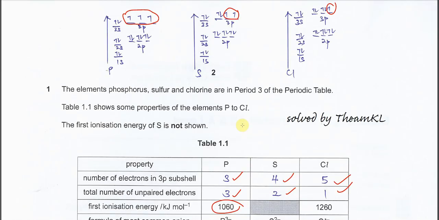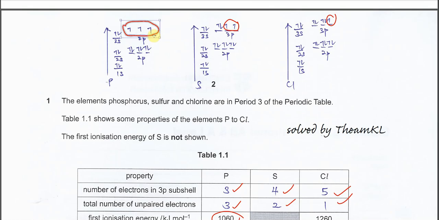Why? If you compare the electrons in phosphorus and sulfur, then we'll know. For phosphorus, there are 3 unpaired electrons in 3p, and for sulfur, there are 4 electrons. But in these 4 electrons, we can see there is 1 pair of electrons here. Because they are both negatively charged, this pair of electrons has a repulsion.